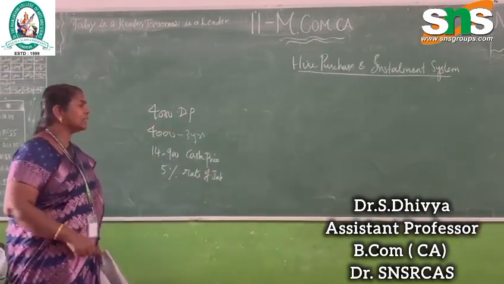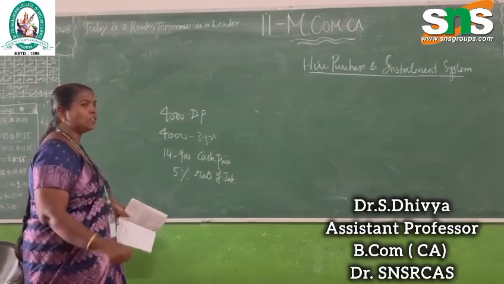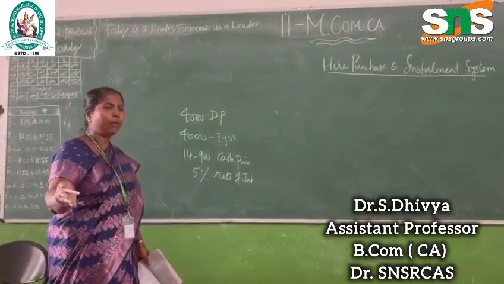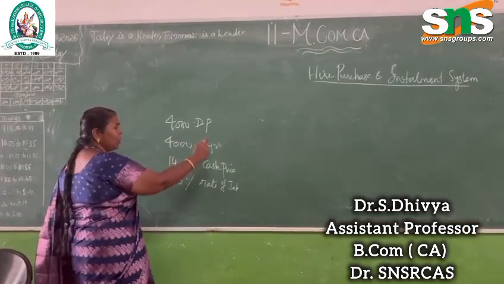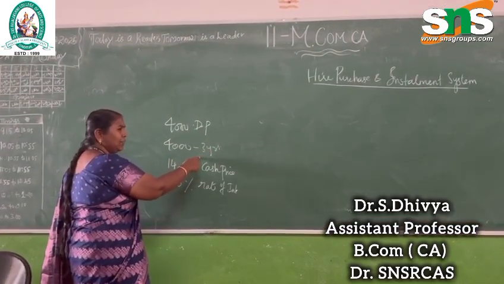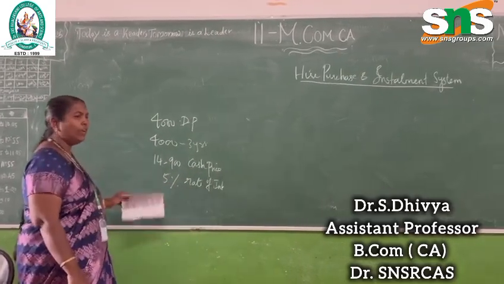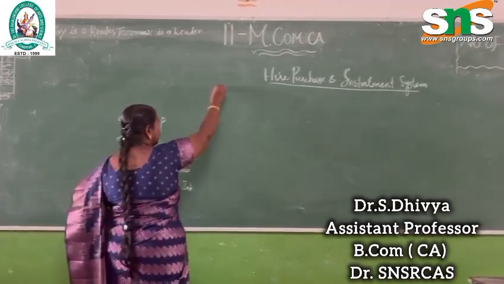So when the question is given all these items, because when we calculate how much interest they have paid and how much principal cash price they have paid, we need the down payment amount, how many years they are paying annual installment, the cash price of the product and the rate of interest. When we have all these, we will see how to calculate.